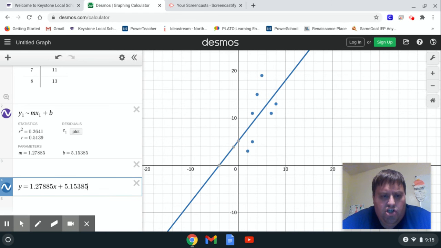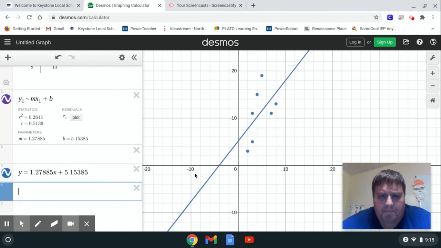Once we have our equation here, we can find values, right? We talked a little bit about this yesterday. I'm not sure if I talked about it with you guys or just in class. But now I can calculate any value I want.